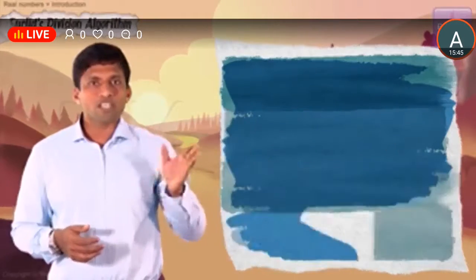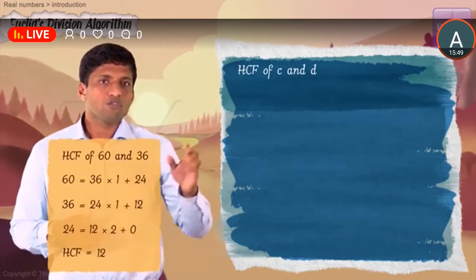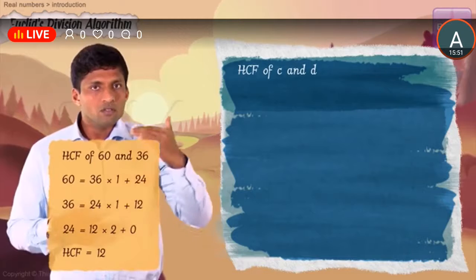Now, if you simply want to state Euclid's division algorithm using variables, we just need to generalize what we did now. It's not required anyway, but this is as given in the book. To obtain the HCF of two positive integers, let's say C and D, you follow the steps given below.